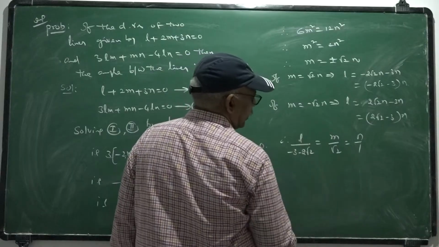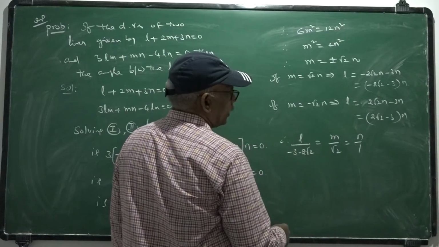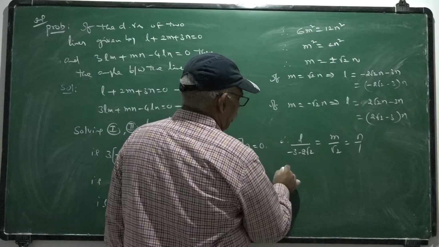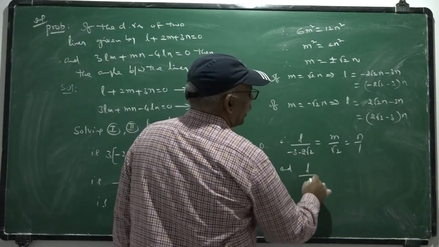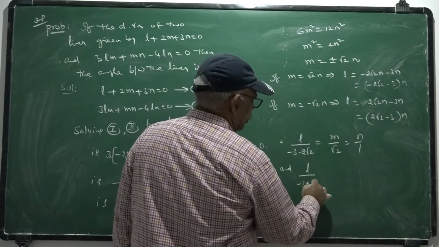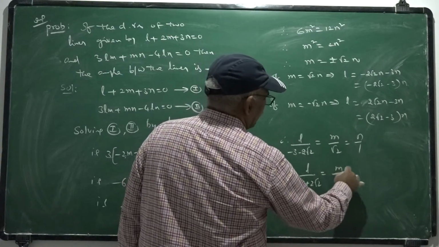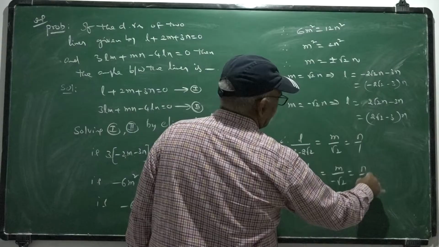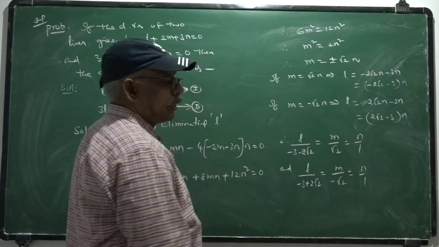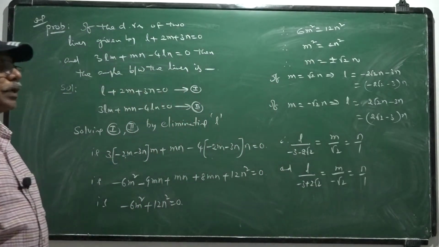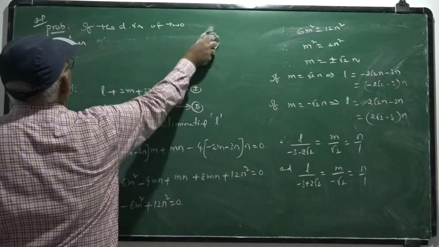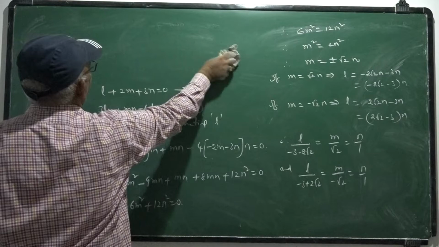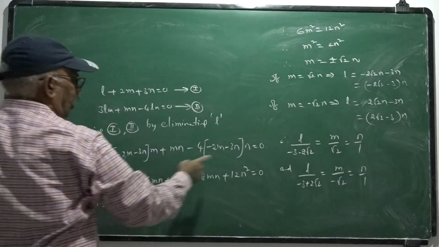It gives us one set of proportionate values of l, m, n, and from this: l by (minus 3 plus 2 root 2) equals m by (minus root 2) equals n by 1. It gives us another set of proportionate values of l, m, n. So each set gives us the direction ratios of one line.